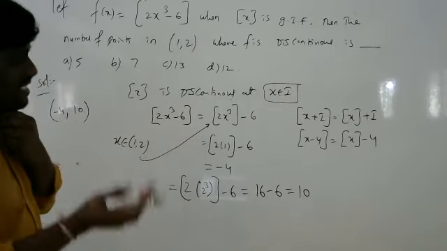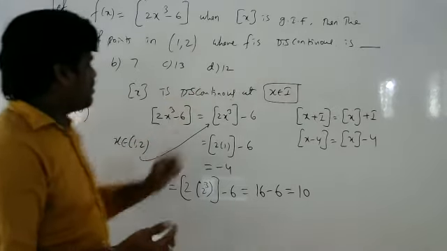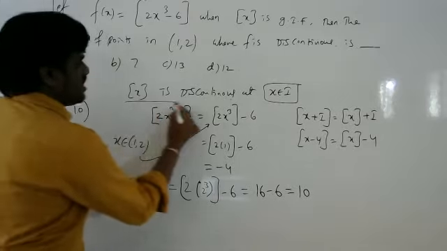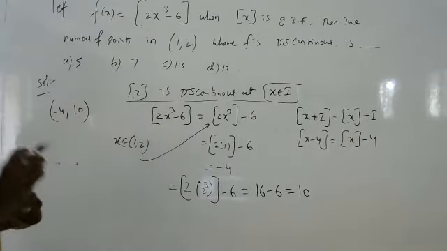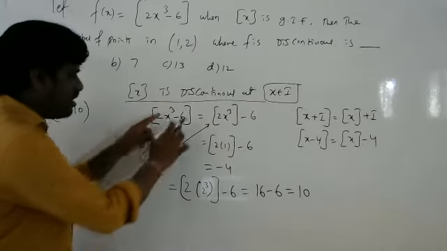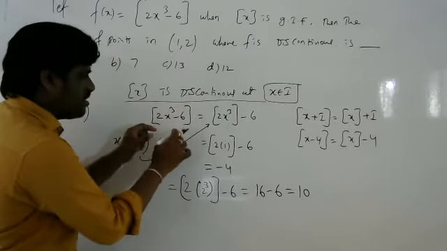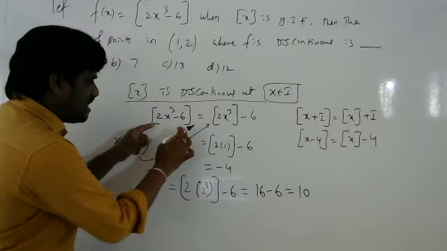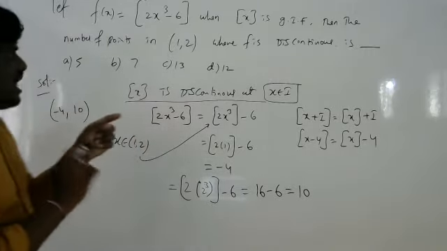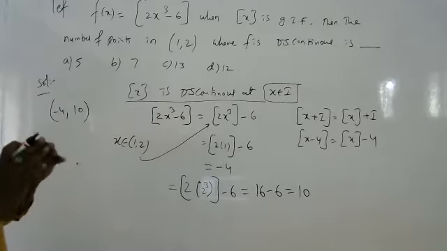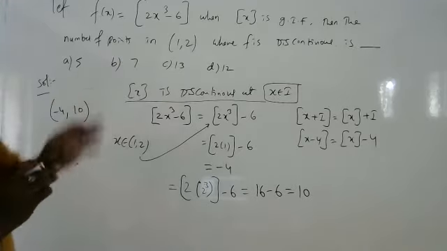So that many places I get discontinuous. See here, greatest integer x is discontinuous at integer points. So I have to check for this greatest integer where you get an integer. Where you get it is not important, how many points is important.